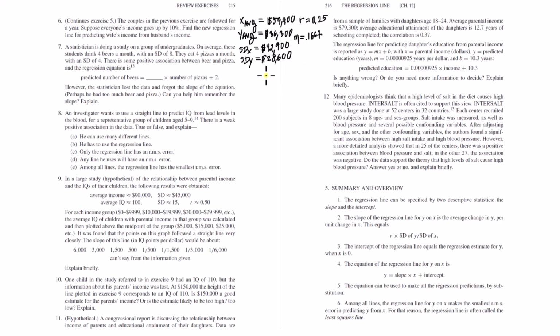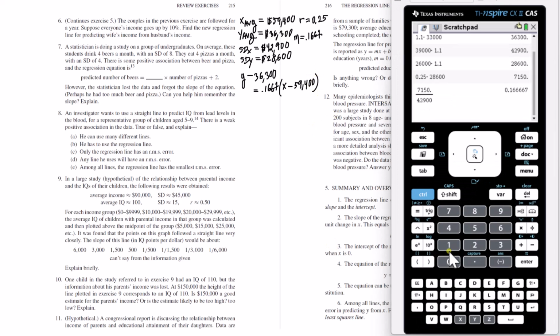Okay, so we've got a point and a slope. So y minus y1 is equal to m times x minus x1. So we've got 0.1667 times x minus 59,400.